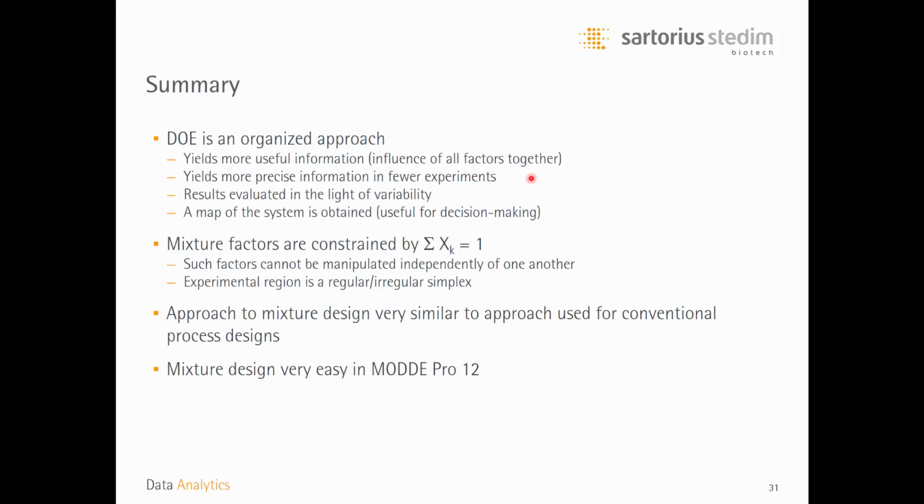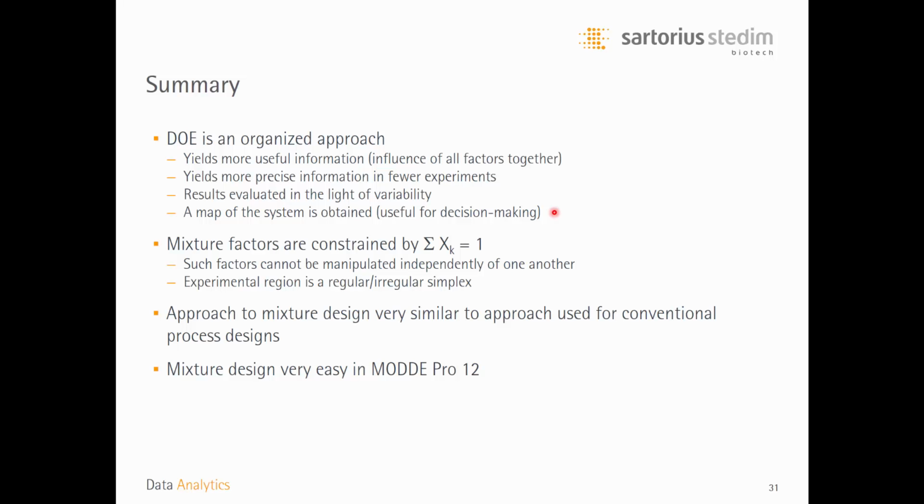You yield more precise information in fewer experiments, and we are always evaluating the results in the light of uncertainties and variabilities. Think, for instance, of the regression coefficient plot, where we superimpose the precision on each coefficient in terms of the confidence interval. And we are very much geared for trying to represent our results as maps, in this case trilinear contour plots that are useful for obtaining a system overview and also making concrete decisions of what to do next.